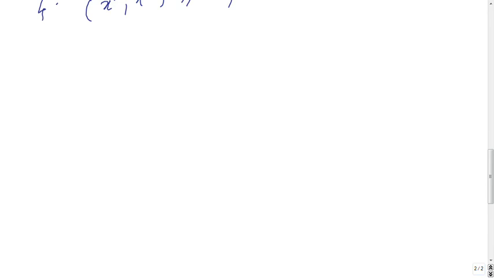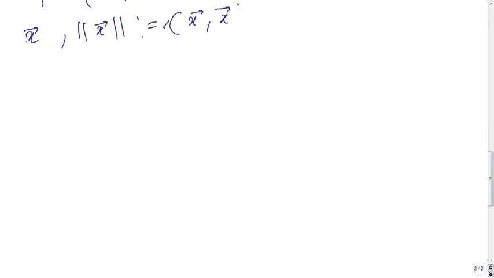Another thing called the norm of a vector, of any vector, is denoted by this double line enclosing the vector x, and it is defined as the inner product between this vector with itself and taking the square root of this result.